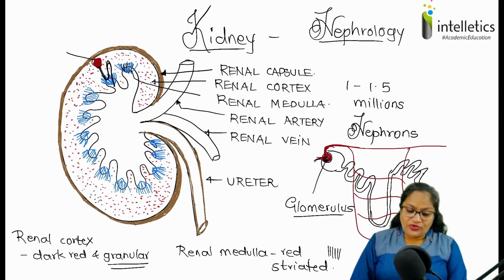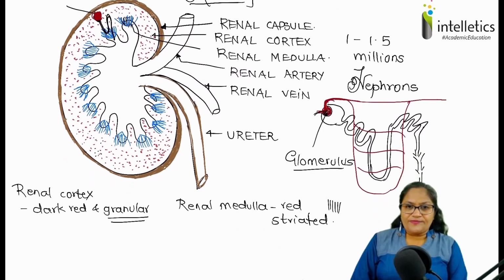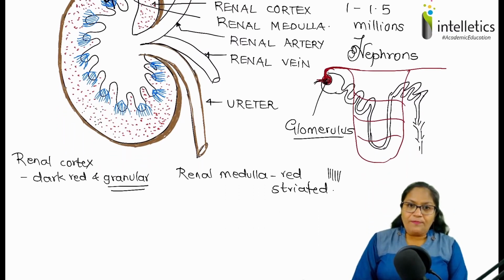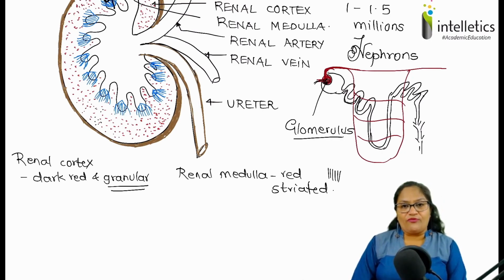Now, coming to the next point, if you look at the nephron properly, the remaining part of the nephron, which you can see, this one, what is this? This is the tubular part of the nephron, and it has different names.